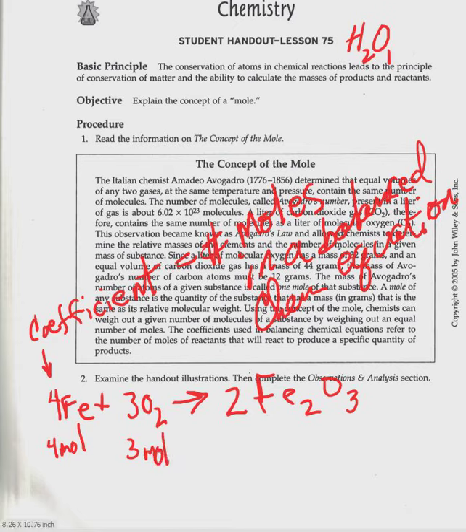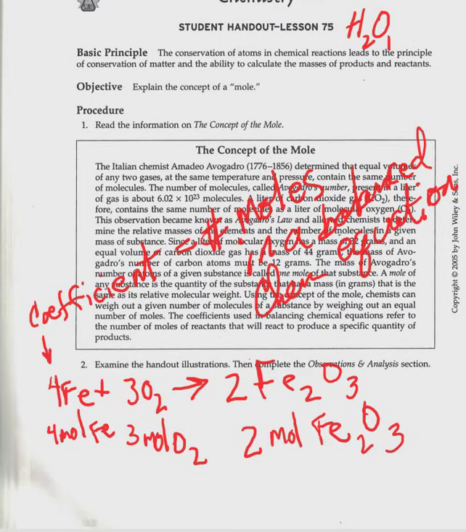So there's 4 moles of Fe and 3 moles of O2. Not 3 moles of oxygen, but 3 moles of the compound dioxide. And there are 2 moles of Fe2O3.